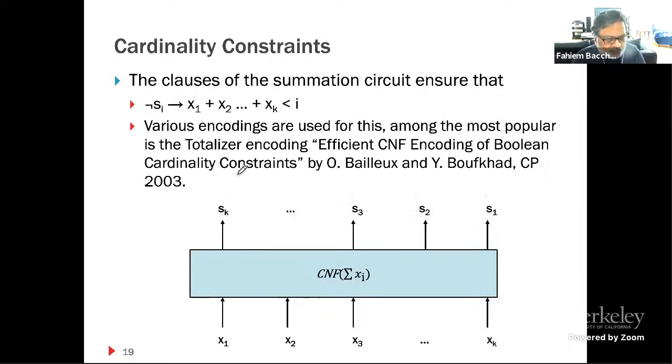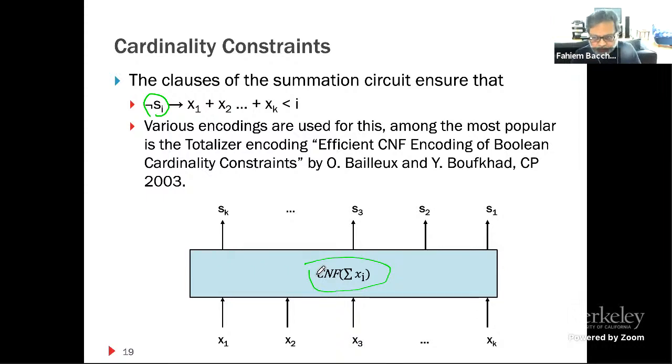And what you want is to encode the condition that if you make one of these output variables false, that's going to serve as an upper bound on how many input variables can be true. So if you make Si false, then the clauses in this encoding will force the constraint that at most k input variables can be true.